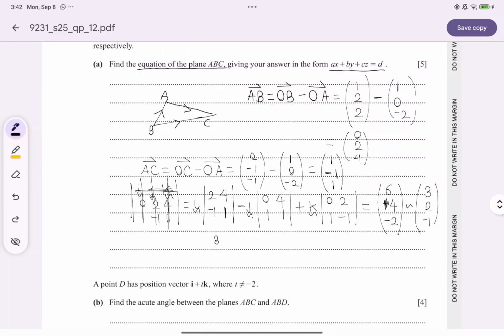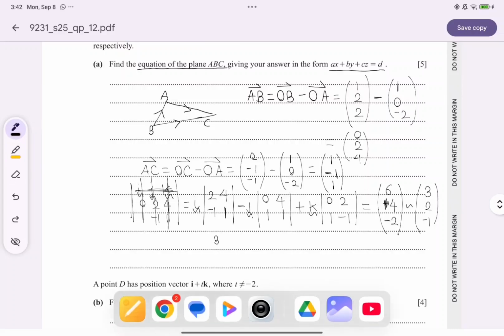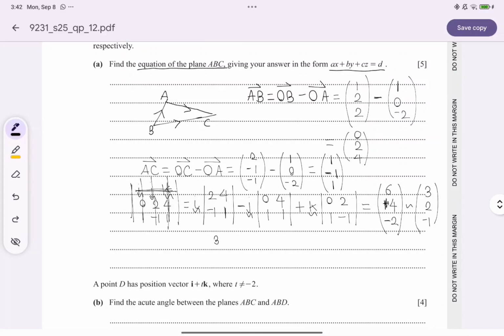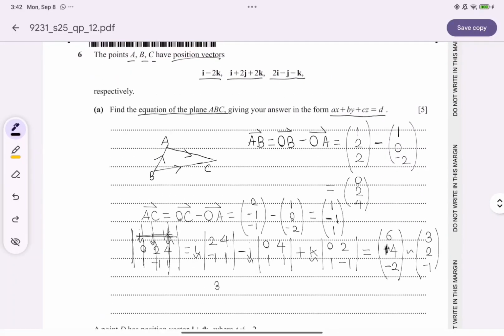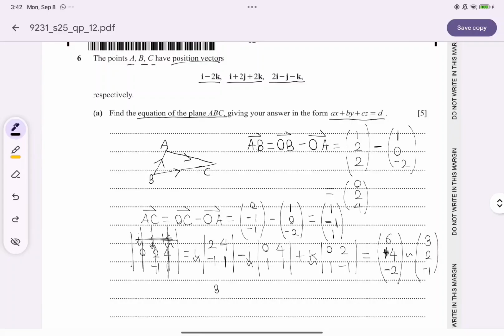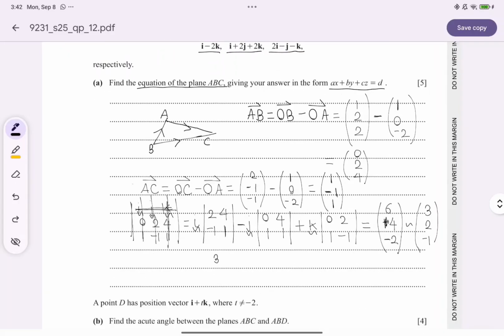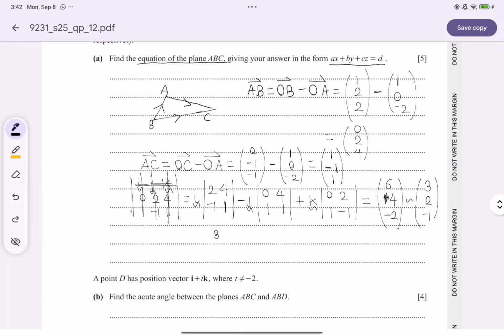Now to find the full equation, we have to substitute a point that is on the plane. So we can substitute either A, B, or C. I'll substitute point A, which is (1, 0, negative 2).